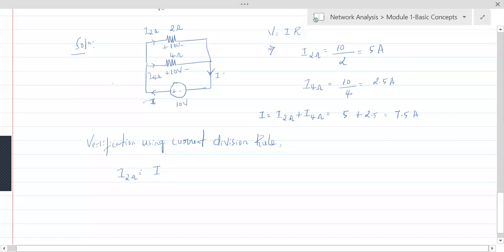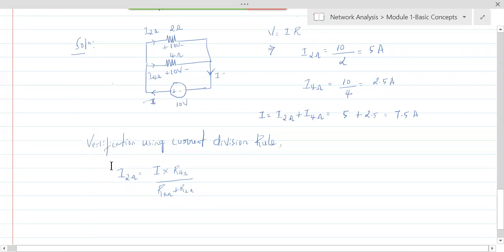I 2 ohms is flowing here, so you multiply the total current by the resistance of the other branch, that is 4 ohms, divided by R 4 ohms plus R 2 ohms.